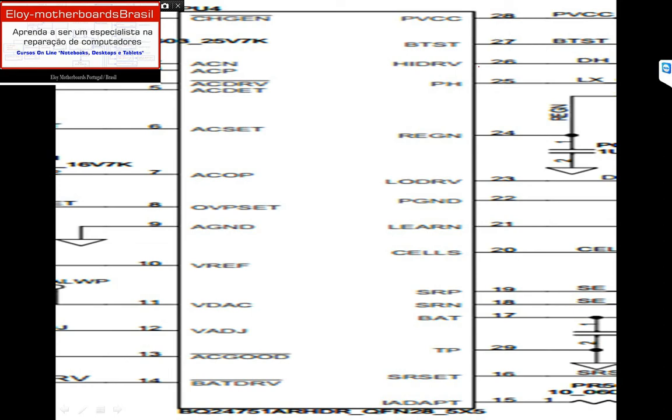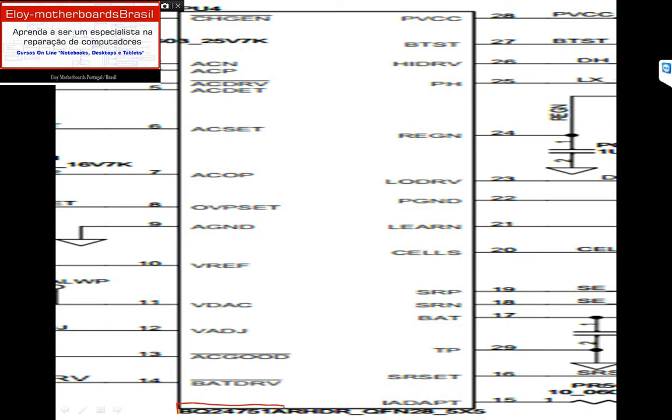So the charger IC that we will see is the BQ24751A. This is the IC charger that we will see in this lesson.